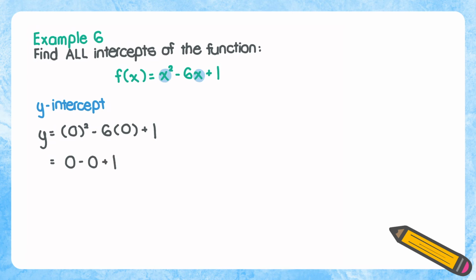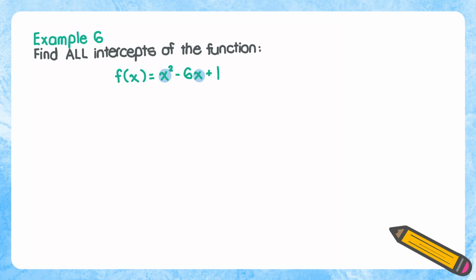Eventually, once you see the function, you kind of automatically see the y-intercept. In this case, the y-intercept is at 0, 1. We set x equal to 0 to find our y-intercept.